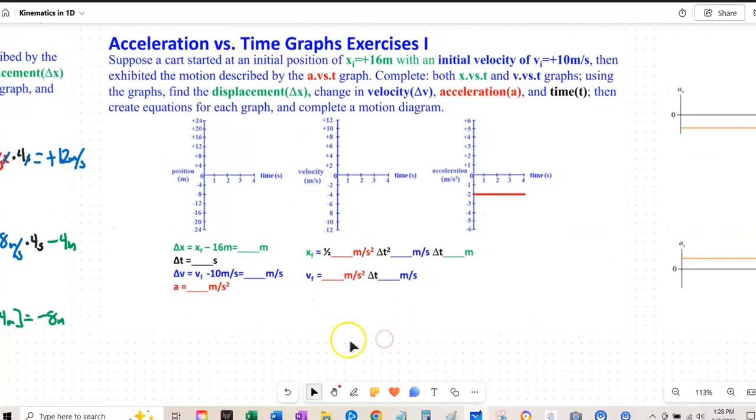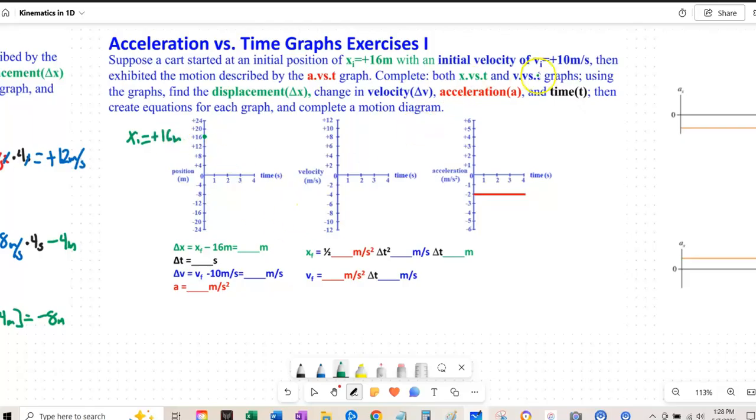Okay, here is our acceleration versus time graph exercise, and this is the second one. It's giving us actually even more information. It says here we have a cart. It's got a starting position of +16. Right here, way up there. So we know its initial position is +16. Okay.